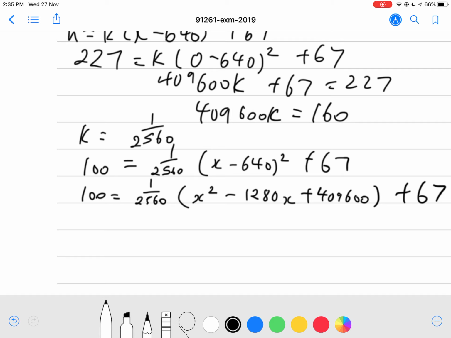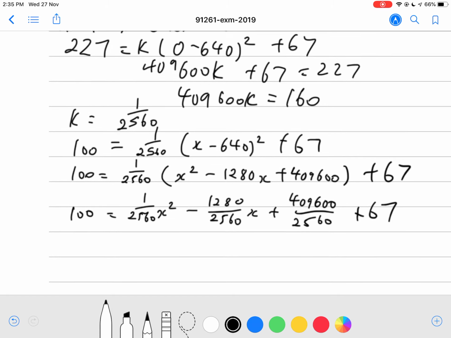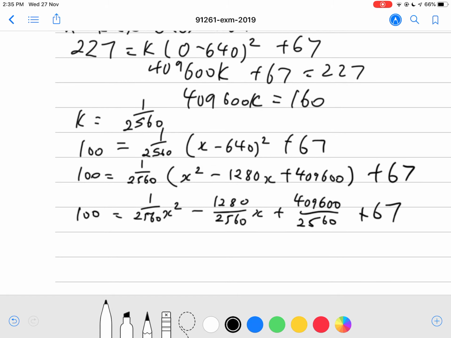And now we can continue simplifying. So 100 equals 1 over 2,560 x squared minus 1,280 over 2,560 x plus 409,600 over 2,560, and then plus the 67. Alright, so now we can move 100 to the other side.